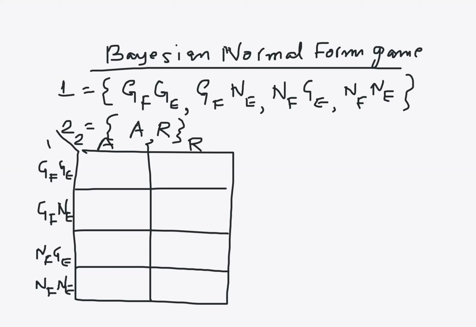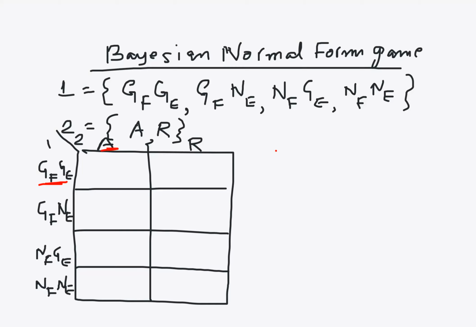Next, we have to fill in the payoffs. And this is where you need to do a little bit more work, because we have probabilities involved. So let me give you an example of how to do it. Let's say you're looking at player 1's strategy of giving gift as friend type and enemy type, and let's say player 2 accepts, right?